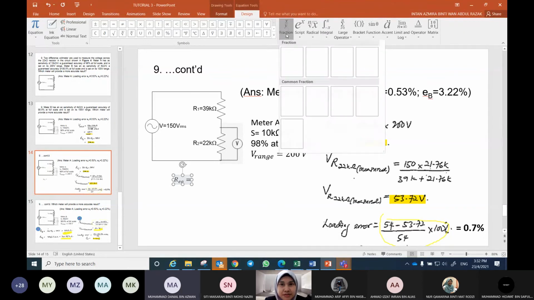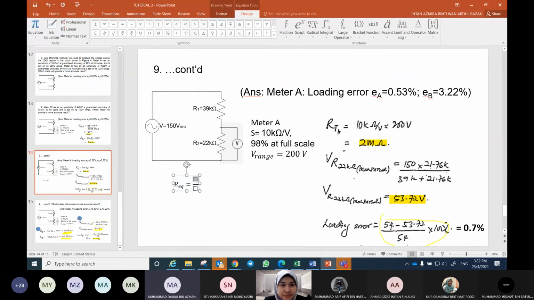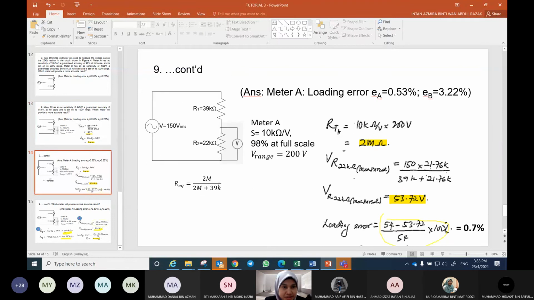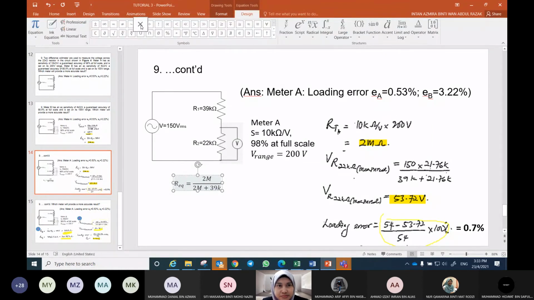How to calculate? 2 mega multiplied by 22K divided by 2 mega plus 22K. 2 meg divided by 2 meg plus 39K, then multiply, and then you get 21.76 kilo ohm.